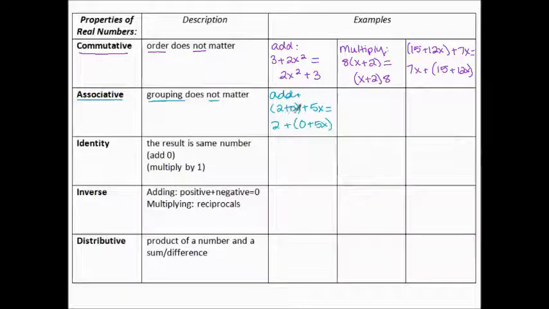Notice how in this part of it, I had 2 plus 0 in the parentheses, and on this side, I have the 0 plus 5x in parentheses. The values in parentheses changed. Let's compare this quickly to our commutative property where the parentheses did not change. For associative property, what's in our parentheses will change.